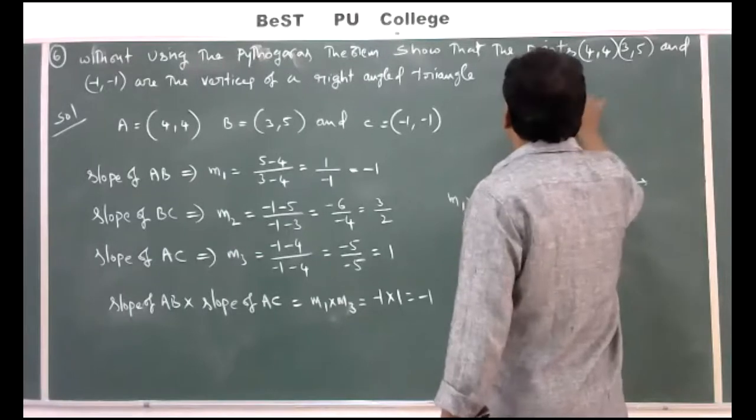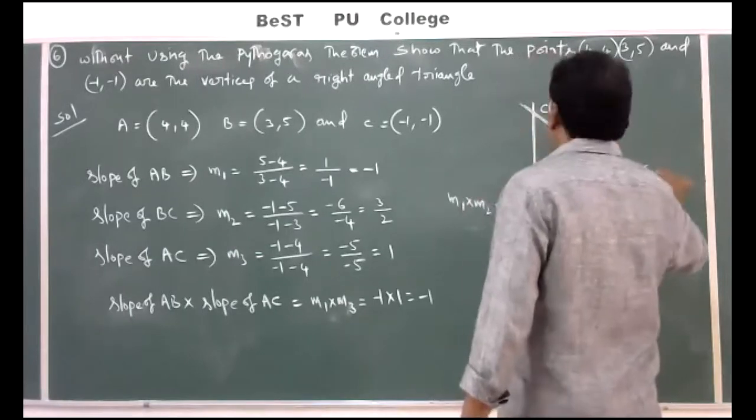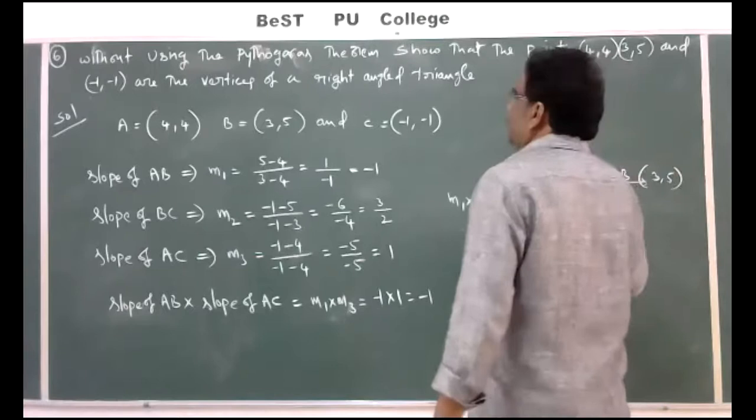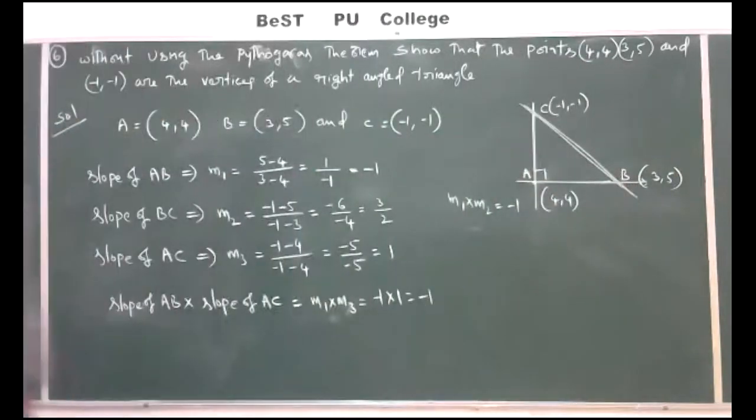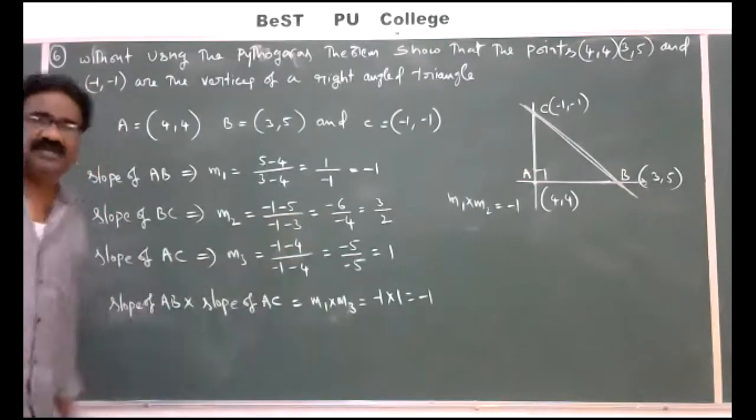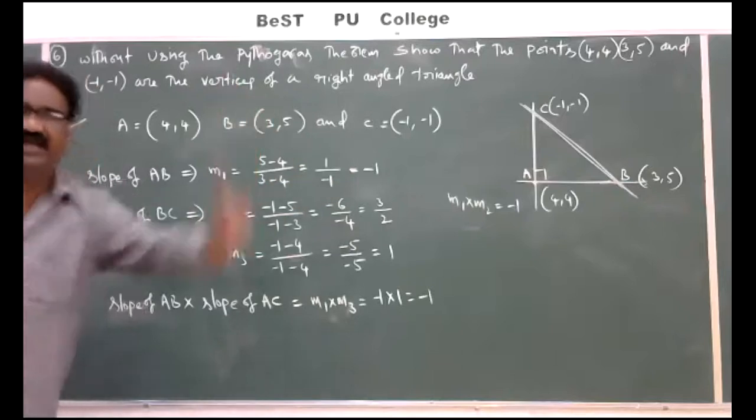This is C, -1 comma -1. B is 3 comma 5. A is 4 comma 4. That's enough. Here we proved, right? Therefore, the given vertices form a right angle triangle.